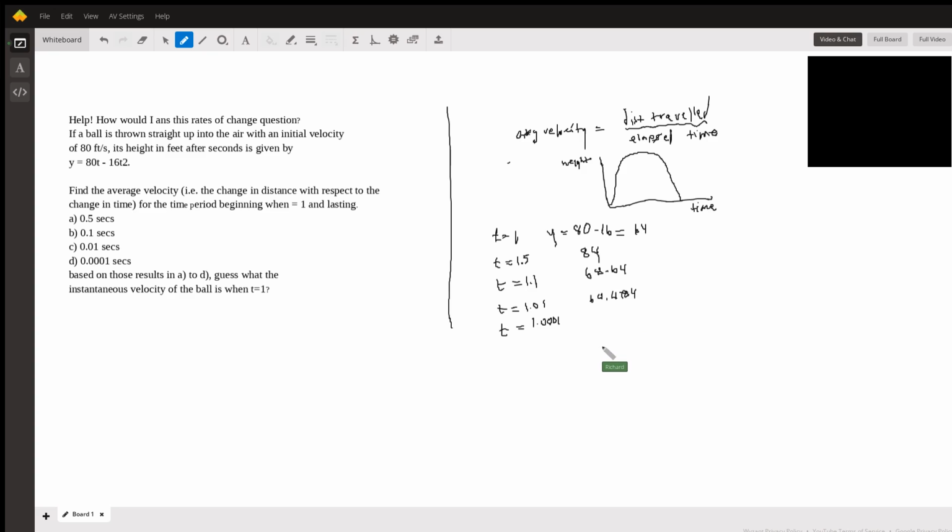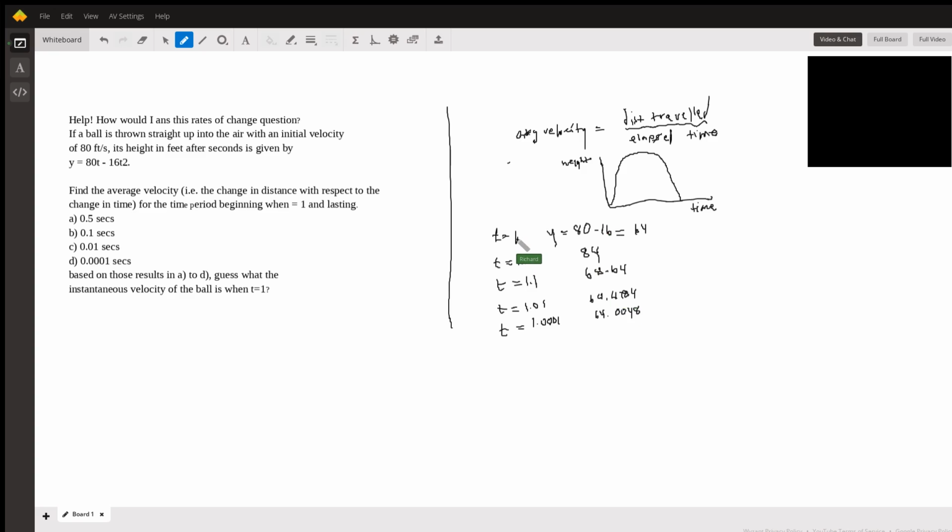And finally, the last one, 1.0001, is going to be 64.0048.